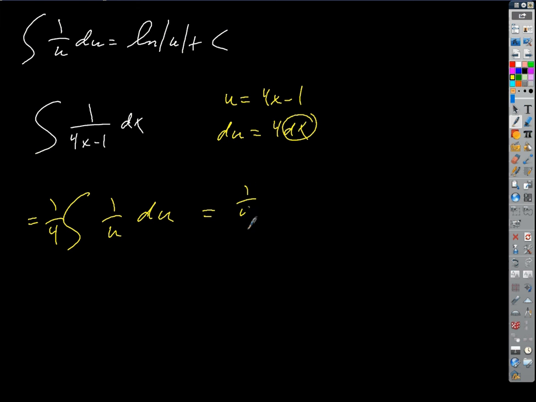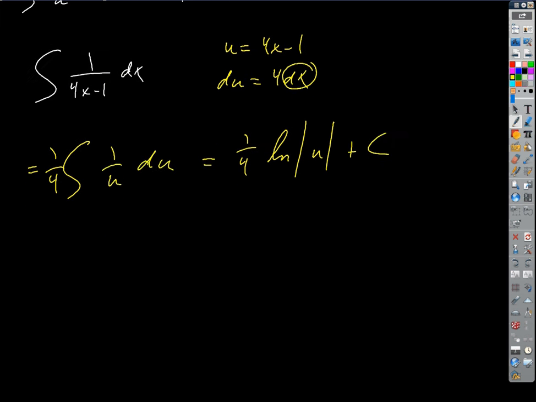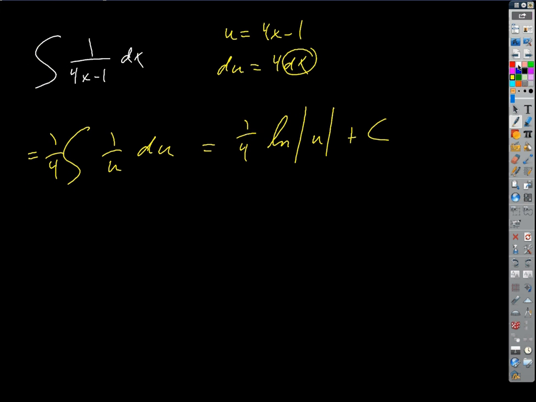So we get 1/4 times the natural log of the absolute value of u plus c, and then we'll just reverse the substitution and go back to x's. 1/4 times the natural log of the absolute value of 4x minus 1 plus c. Okay?